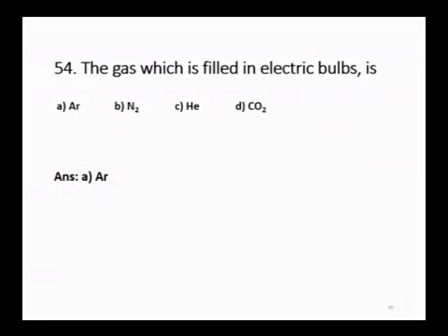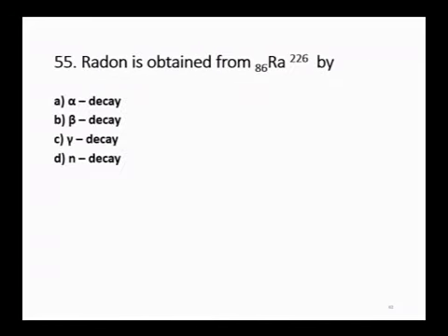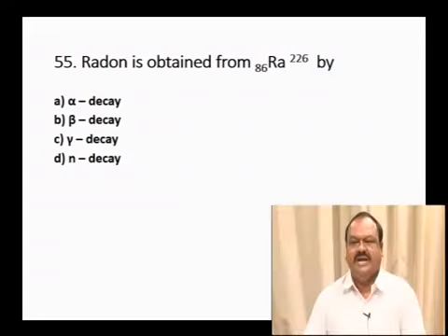Next, radon is obtained from radium with atomic number 88 and atomic mass 226 by alpha decay, beta decay, gamma decay, or N decay. As you know, radioactive disintegration is a property of an element.